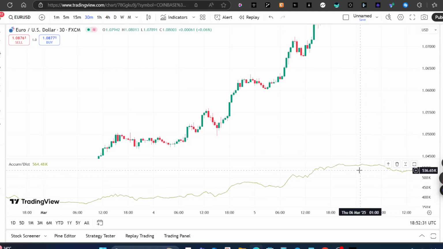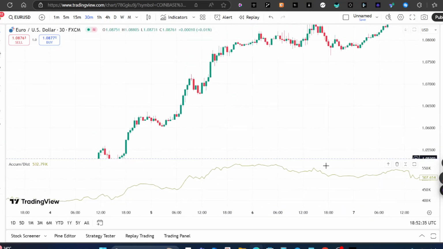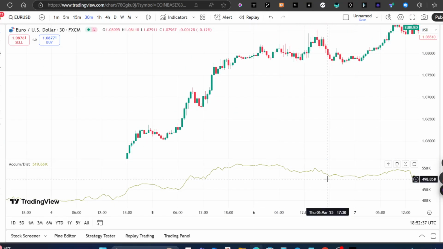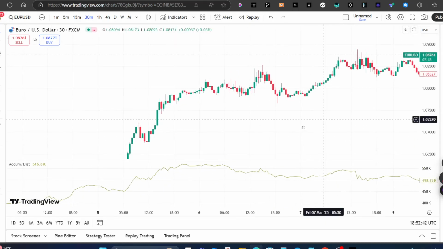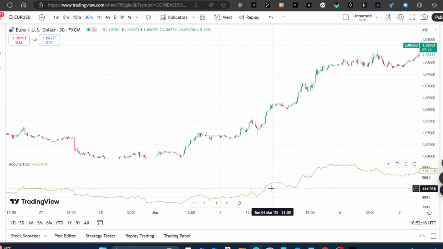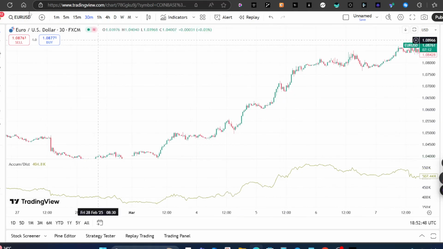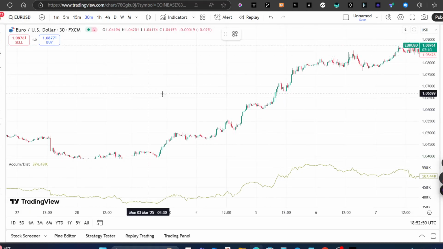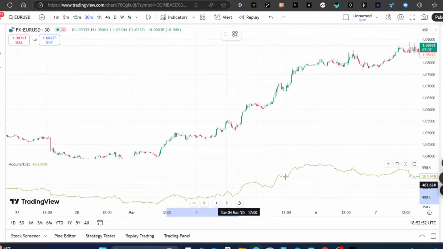It takes both price and volume into account, measuring whether the asset is being accumulated, that is bought, or distributed, that is sold. So just watch out for the trend of the AD line. If the AD line is trending higher, it indicates that there is more buying pressure.